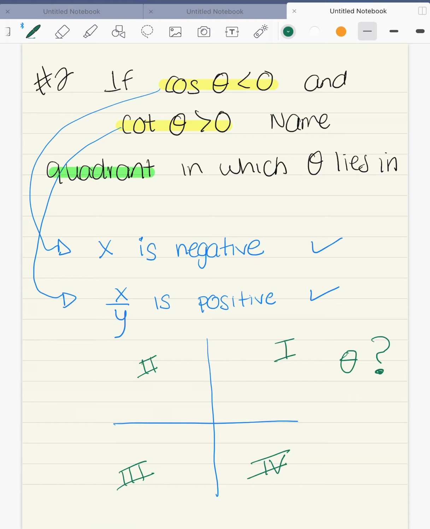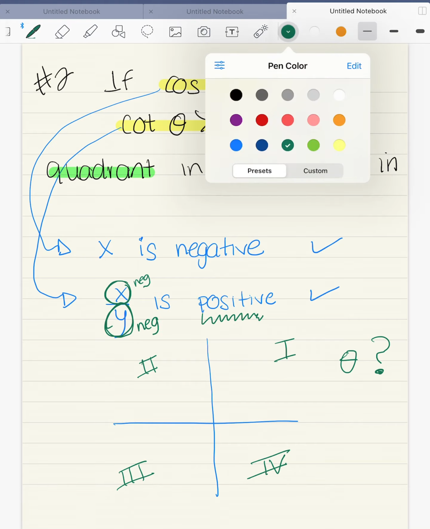Well, since x is negative and x over y is positive, remember, x is negative, so this is negative. Then that means that this y, in order for the whole thing to be positive, also has to be negative. Why am I assuming that?